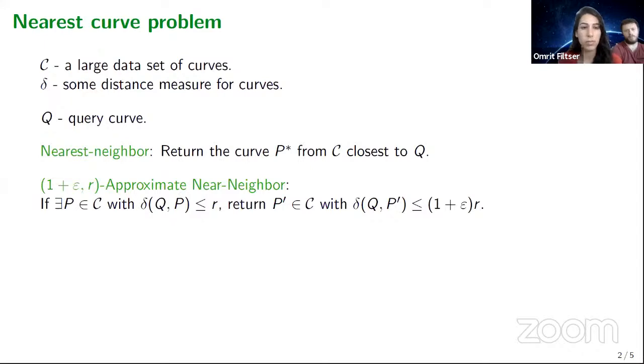We are also given parameters epsilon and r, and given a query Q, if there exists a curve in the data set within distance at most r from Q, then you want to return maybe another curve within distance at most 1 plus epsilon times r from Q.